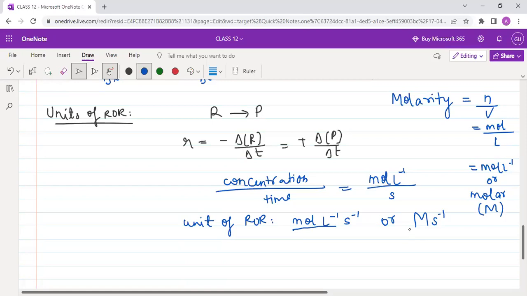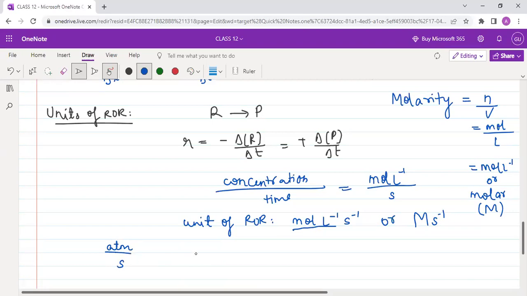Okay. Now, if we have gases, for gases we talk about partial pressure, right? Yes or no? For gases we take their pressure. Yes. And the unit of pressure can be atm, and the time is in seconds.